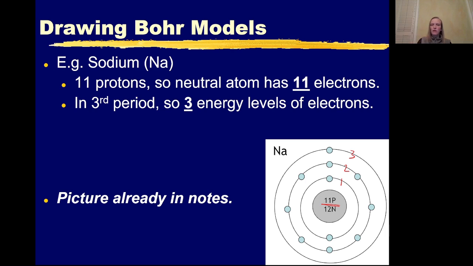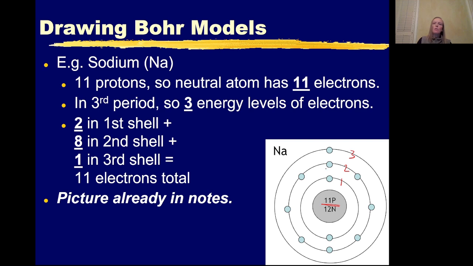As I said, we need 3 energy levels of electrons. And so now, remember I said energy level 1 can hold 2 electrons. 1, 2. Energy level 2 can hold 8 electrons. 1, 2, 3, 4, 5, 6, 7, 8. And then energy level 3 could hold 8 electrons, but I only need to count up to 11.